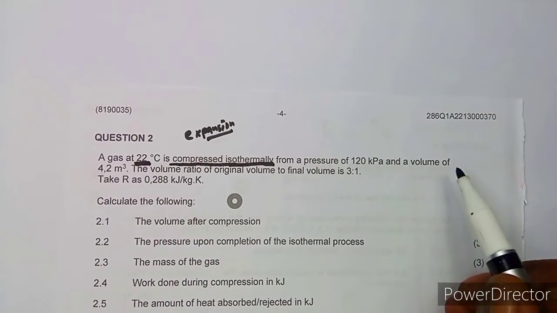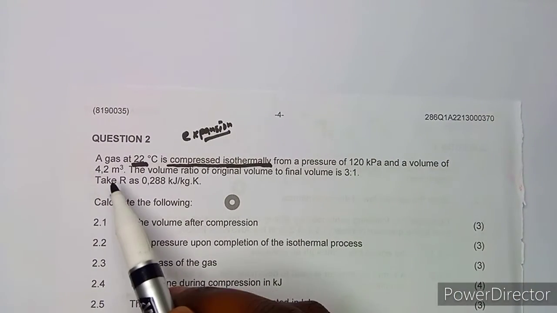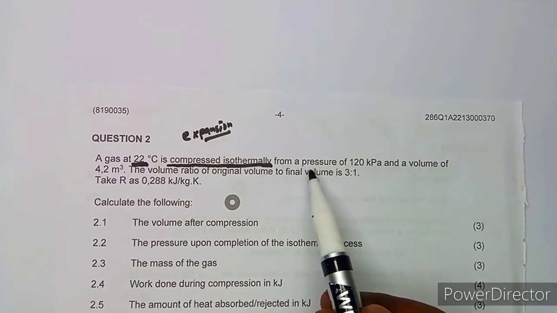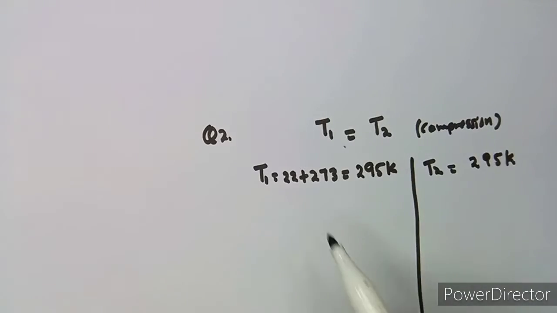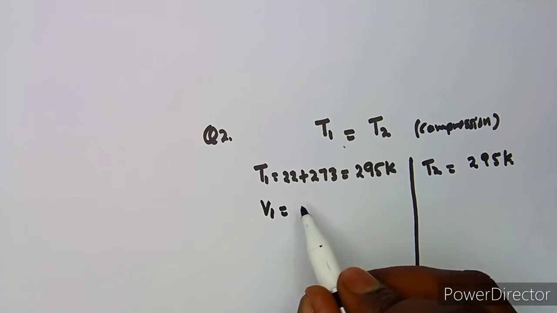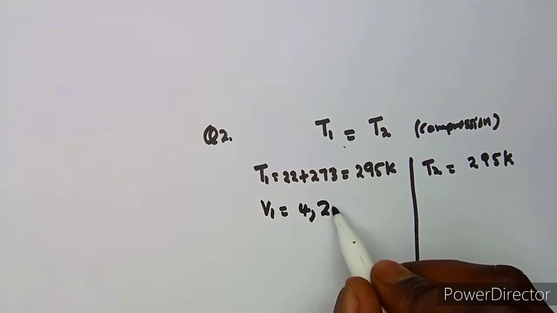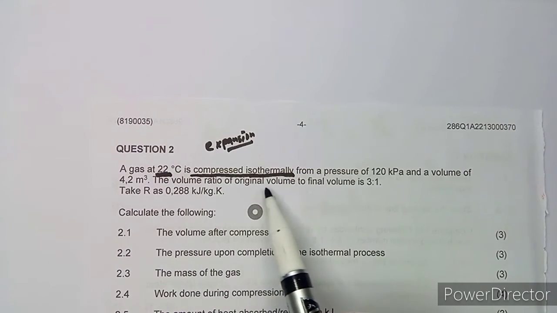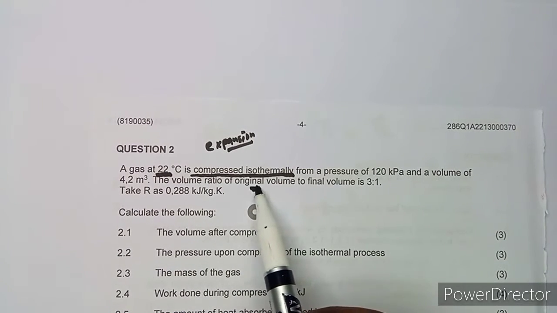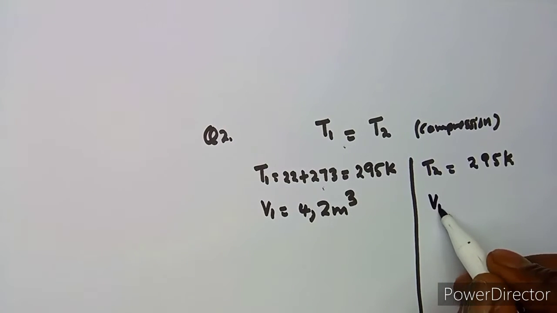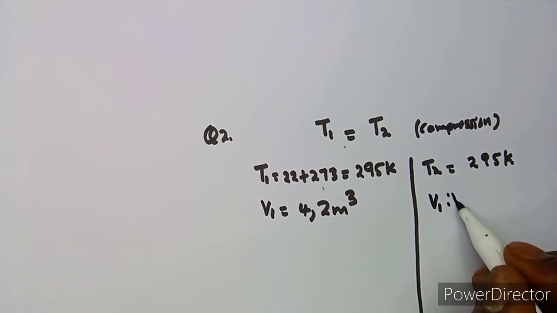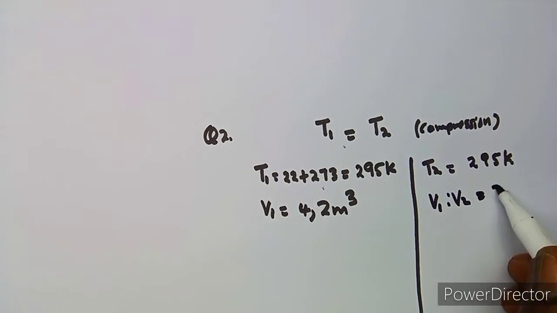And for the pressure and volume, the initial volume is given as 4,2 cubic meters, and the volume ratio of original to final, that is V1 to V2, is 3:1.